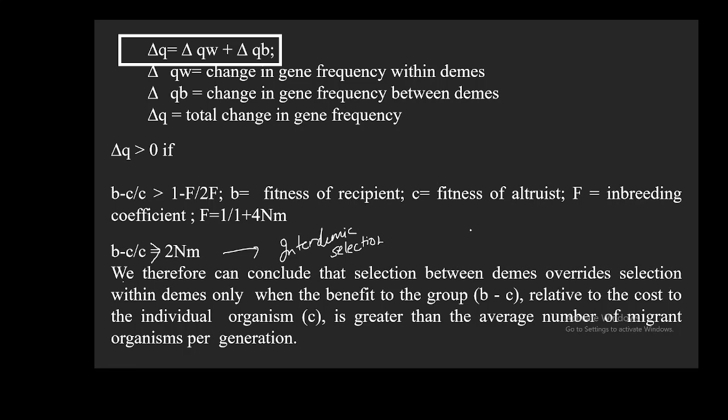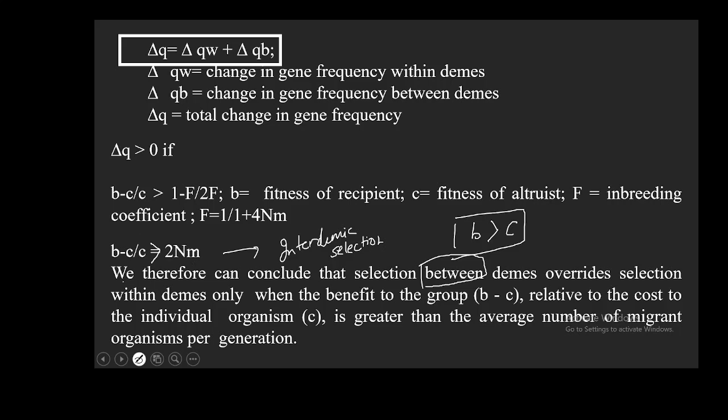Or you can say whenever B, the beneficiary, the fitness of the recipient, is more than the fitness of the donor, then there is going to be interdeme selection. So we can therefore conclude that selection between demes, remember this word is very important, in between demes, not within demes, overrides selection within demes only when the benefit to the group, which is B minus C, the net benefit, related to the cost of the individual organisms, is greater than the average number of migrant organisms per generation.